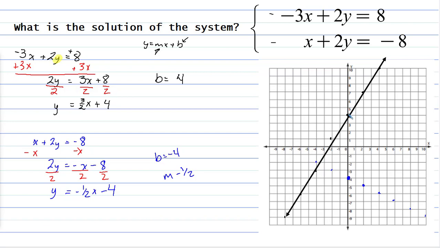Let's see. That's where I messed up. This black line should have gone through that point right there. I just got off on the black line. And so I am going to go ahead and graph this.